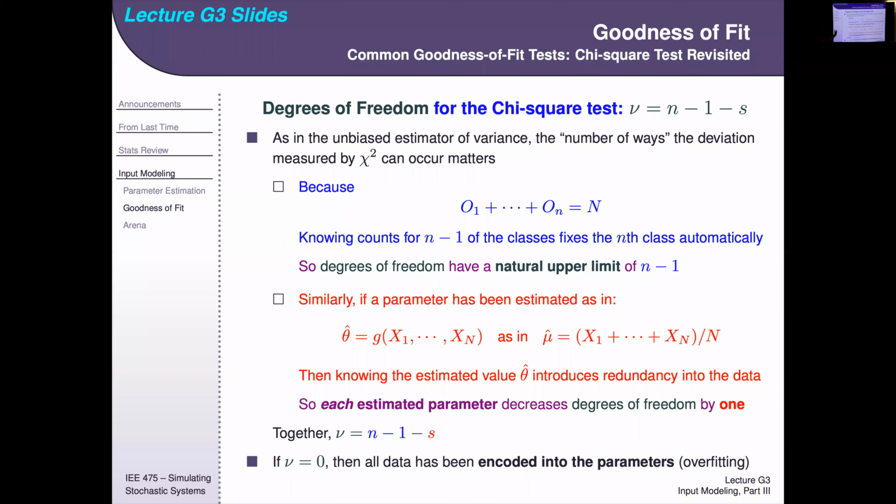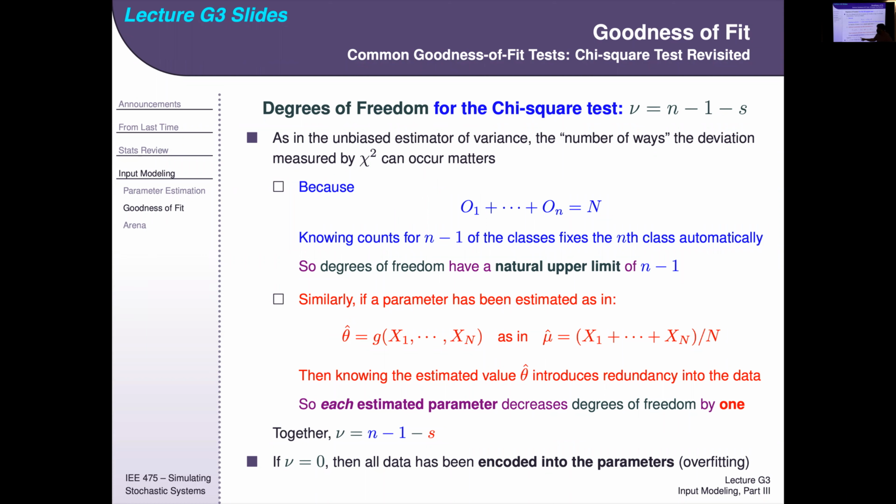So every time you estimate a parameter where you have to put in all of the data to calculate it, you necessarily reduce your degrees of freedom by 1. That's why together you have degrees of freedom equal to the number of bins minus 1, because they all sum to n, minus the number of estimated parameters.